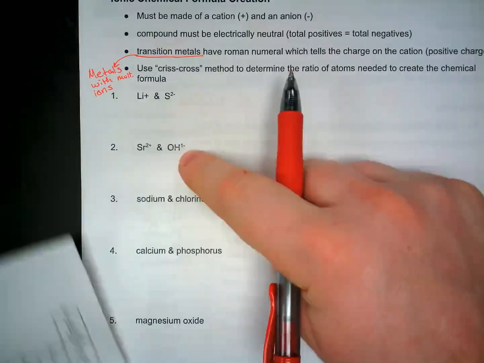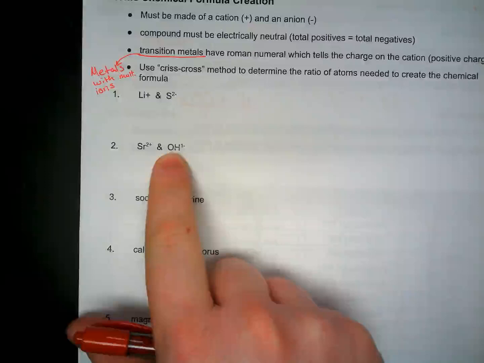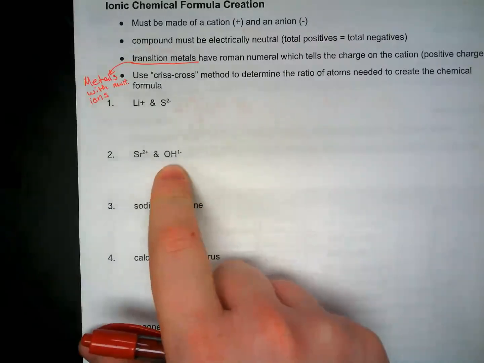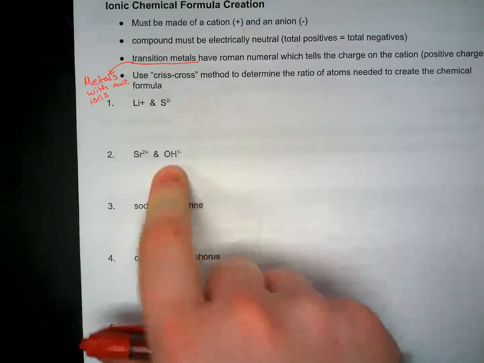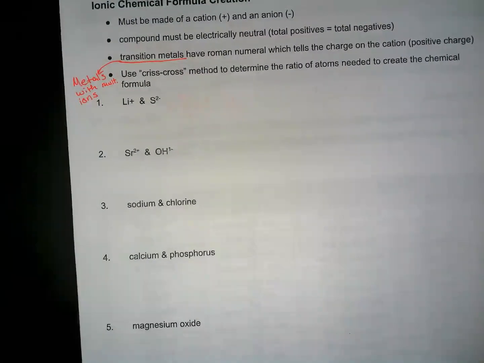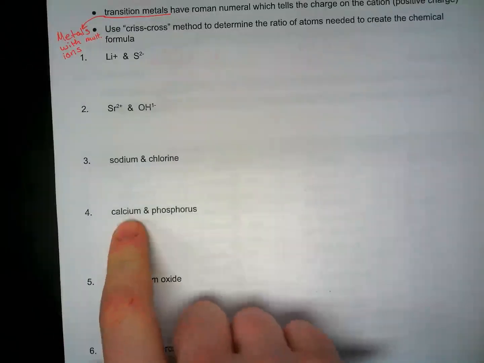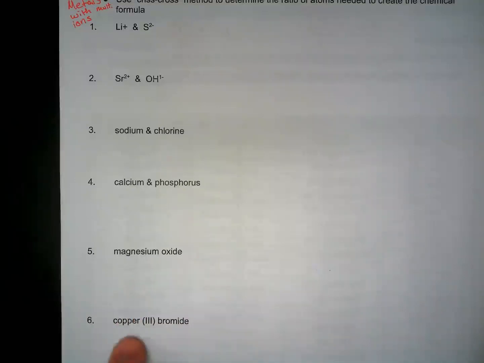We've got Sr, which is strontium, so we've got strontium and hydroxide. You don't need to know hydroxide just yet, we're just going to practice the crisscross method. We've got sodium and chlorine, calcium and phosphorus, magnesium oxide, and then copper 3 bromide.